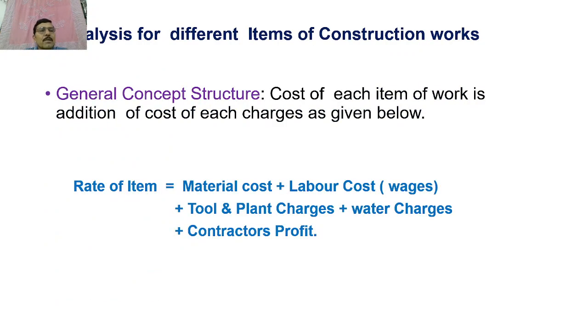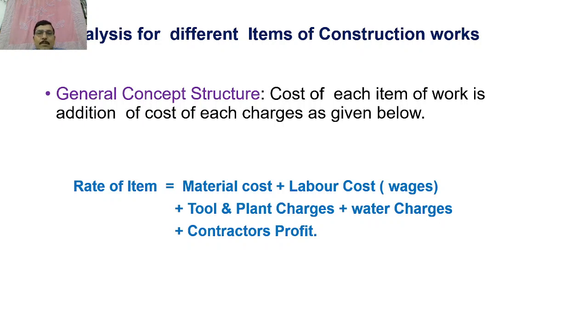So at the end, let us summarize what is meant by the rate of an item, that is the general concept structure. The cost of each item of work is the addition of the cost of each of the charges as given below. We have learned there are many charges and many costs which are to be added together to get the rate of an item. Therefore, the rate of an item is equal to the addition of material cost, labor cost, tools and plant charges, water charges, and contractor's profit.